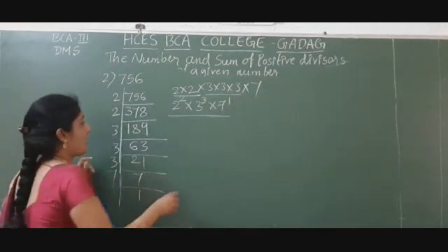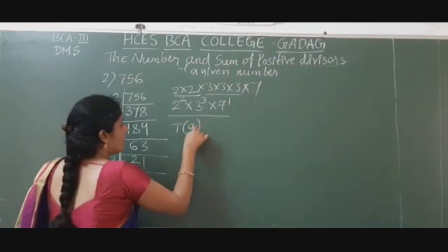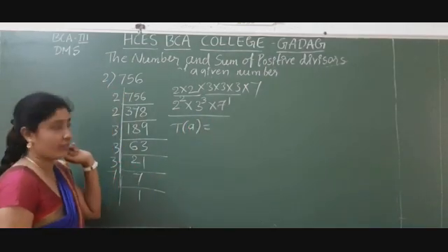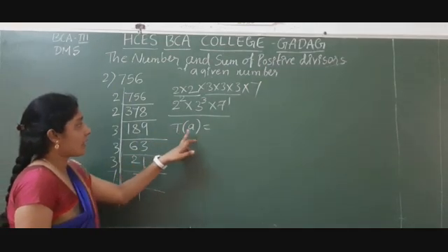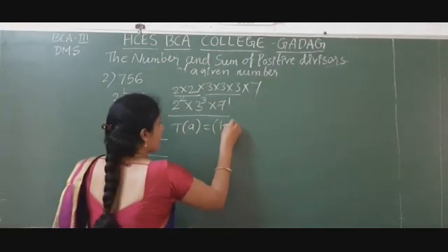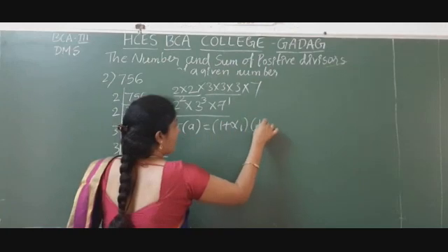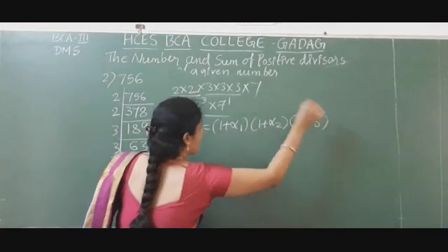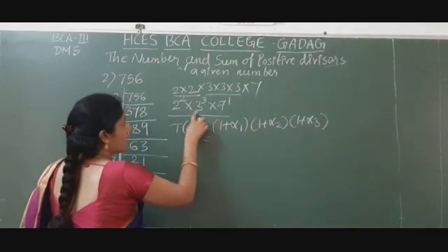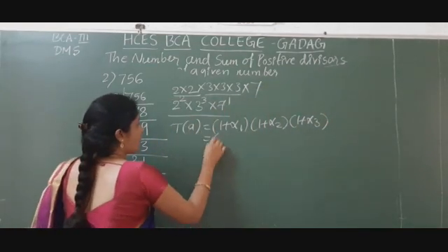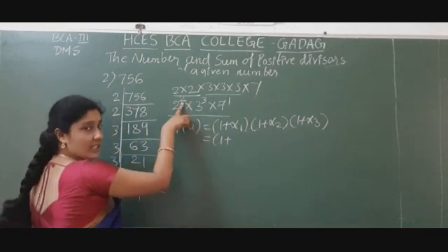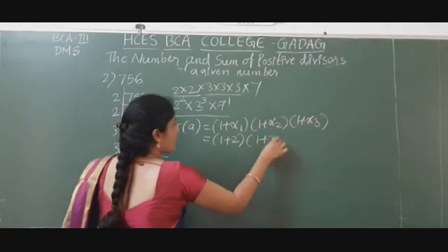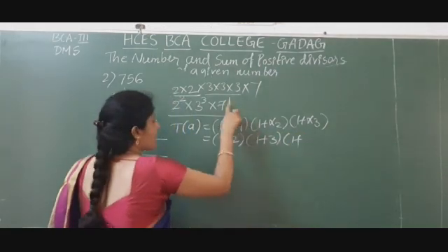Okay. Now, let us calculate the total number of divisors of the integer 756. Apply the formula. T of A is equal to what? 1 plus alpha 1, 1 plus alpha 2, 1 plus alpha 3, as we are having only 3 degrees here. So, the first one, 1 plus alpha is nothing but the degree, 1 plus 2 into 1 plus 3 into 1 plus 1.